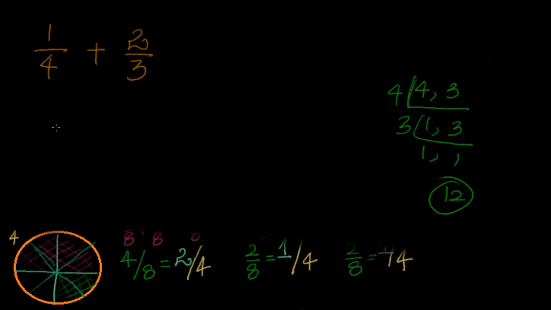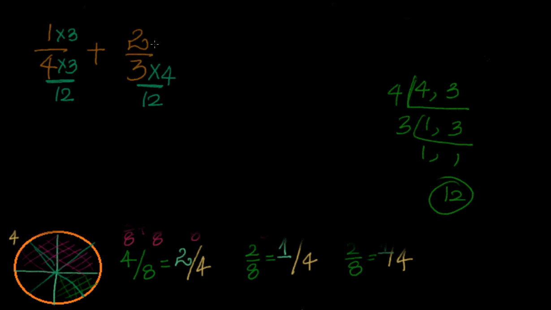Now what I have to do? I have to multiply both numerator and denominator such that the denominator is equal to the LCM. LCM is equal to 12, so I should have this as 12. Here by which number do I have to multiply so that I will get 12? 3 into 4 is 12.